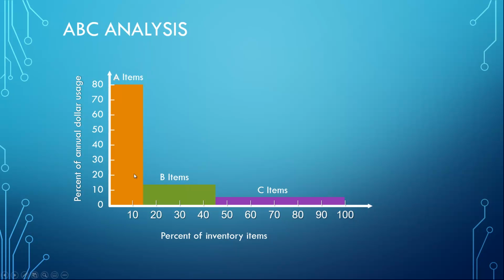Most of the company's money is coming from the two items, then just a few from B and the rest from C.